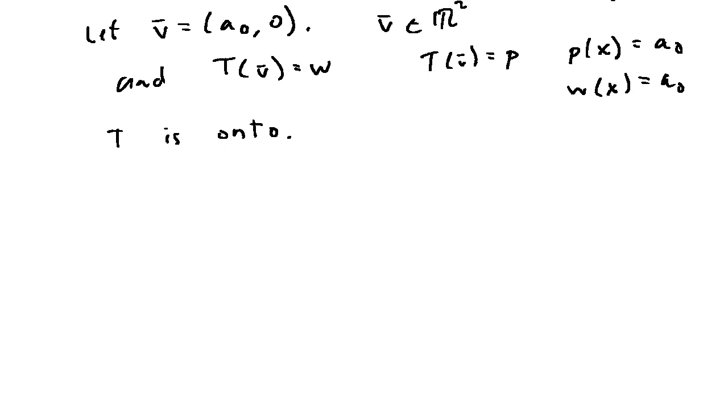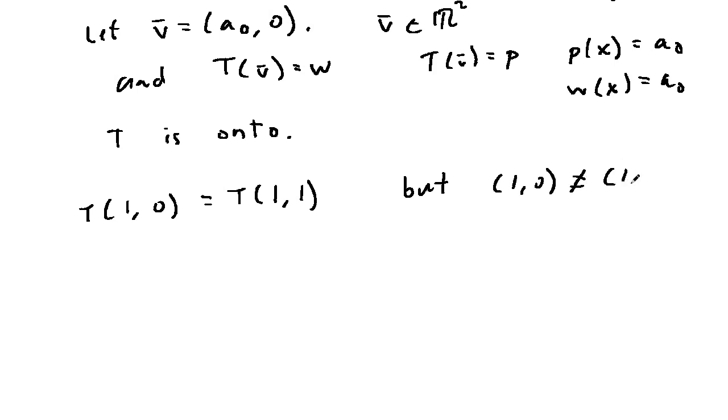Now let's show that T is not one-to-one. Well, T is not one-to-one because T of this vector is the same as T of this vector, but (1, 0) is not equal to (1, 1). T of (1, 0) is the polynomial p, where p is equal to the first coordinate, 1.